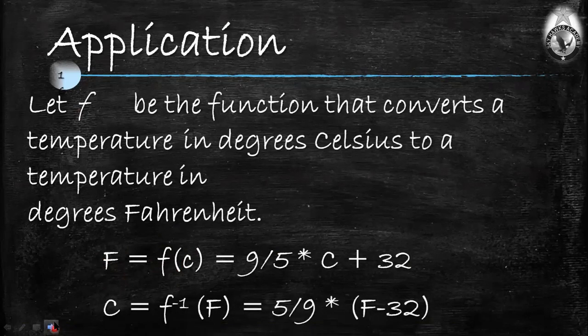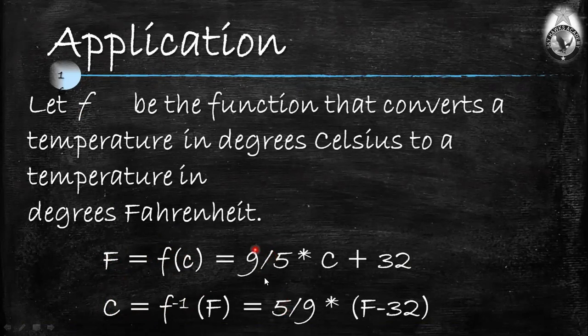Look at this. If you are converting back, what you will have to do is just get the f inverse. If the Fahrenheit degree is related this way, the Celsius degree can be found by taking the inverse of this function. Look at this.